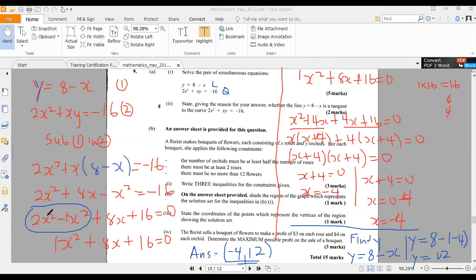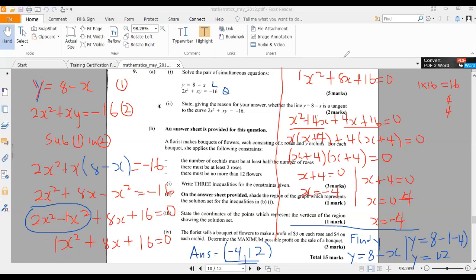This part is 2x squared minus 1x squared. So it's not just 2x, it's 2x squared minus 1x squared. When you subtract 2x squared minus 1x squared, you get 1x. Everybody understand that? Then from there, you move ahead and just do the rest as it is. Clear now? Okay, good.